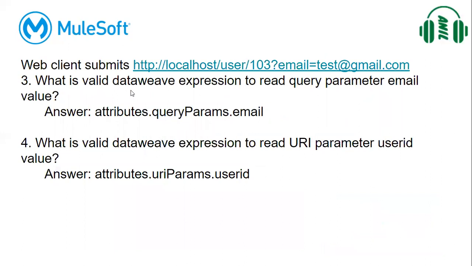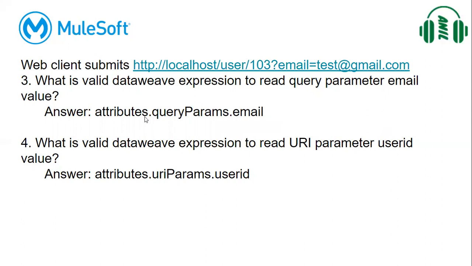Web client submits this request, user 103, this is URI parameter and this is query parameter. What is valid data expression to read query parameter email value, and what is valid expression to read URI parameter user ID value? This query parameter and URI parameter we already discussed in our previous topic. For detailed understanding, you can go to those videos.